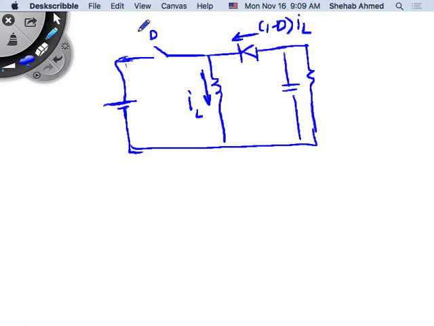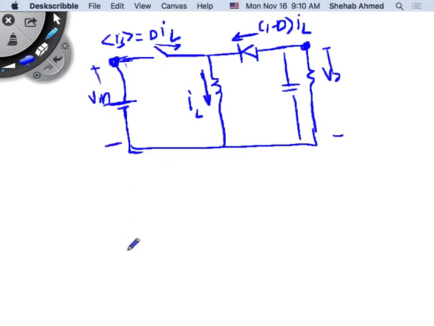How about switch current average value? D times IL, right? That's the average value of switch current, and this is the average value of diode current. Then the voltage across these two terminals, if this is V input and this is V output, is V input minus V output. So I can redraw my circuit this way.